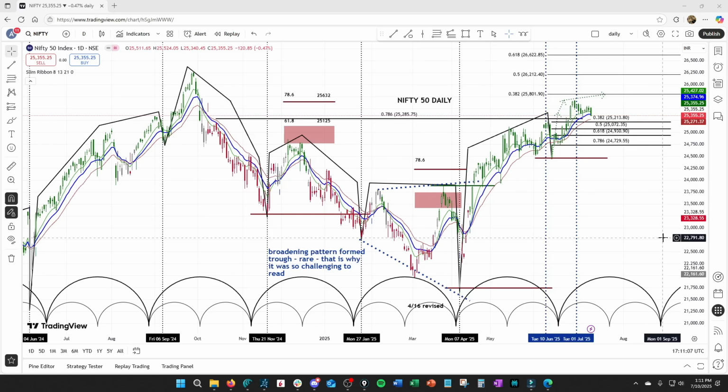Obviously, we are always thinking about both sides of the trade, but in this case, what would have me be short on the Nifty 50 is if we saw a sharper sell in this minor corrective period through that 61.8, then I would be looking at this as a higher odds failure setup for a move like that into the end of August, early part of September.